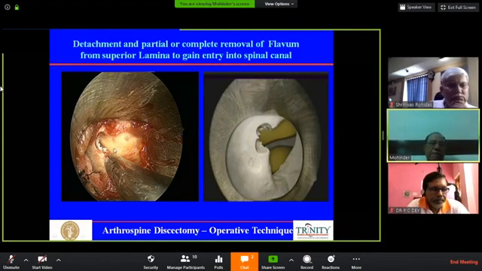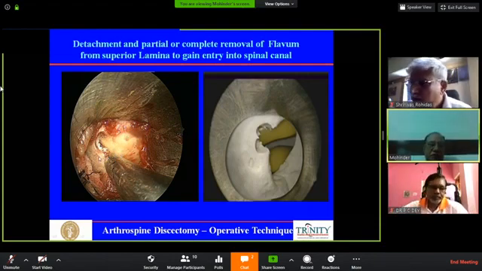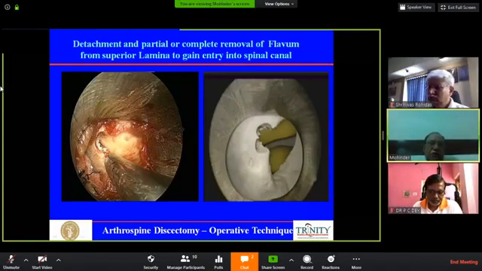Here you can see at 3 o'clock position in my endoscopic picture, you can see the lamina nicely, and you can see the patty. I have used a patty here to retract the soft tissue to minimize the learning curve. So patties are very, very important. Gauzes are very, very important in the beginning of one's endoscopic practice.